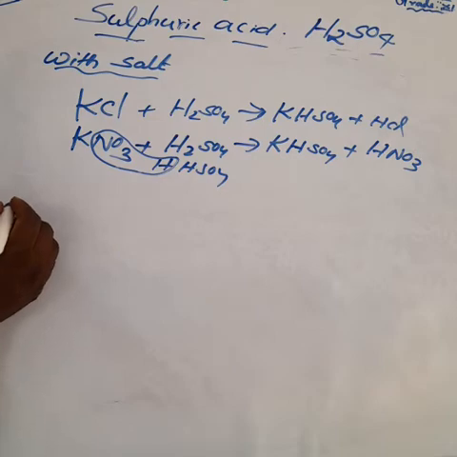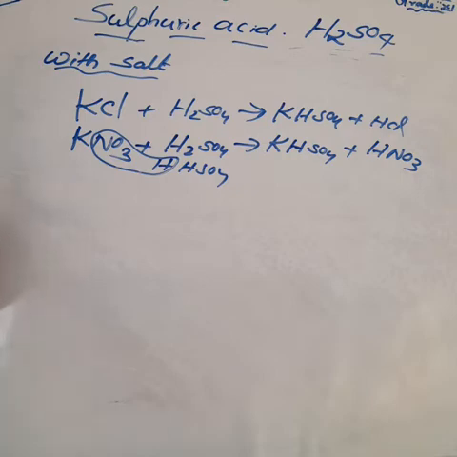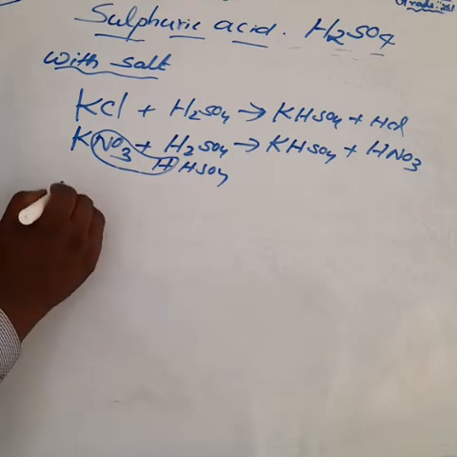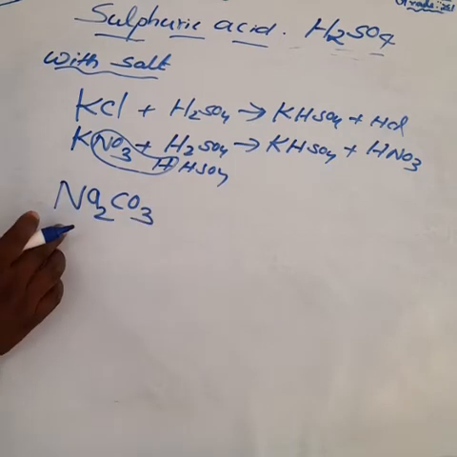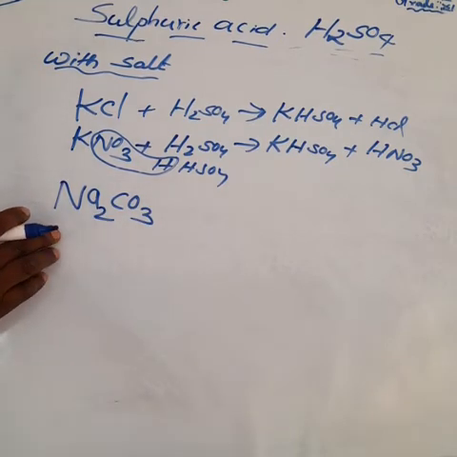Next, how do we get metal sulfate? There is one reaction. How we get metal sulfate means I am taking sodium carbonate. How is sodium sulfate prepared? That's a question.